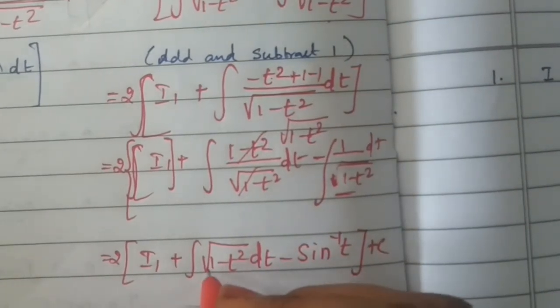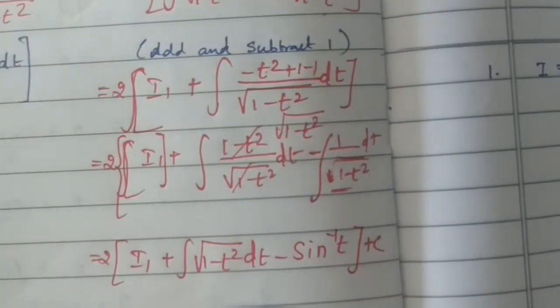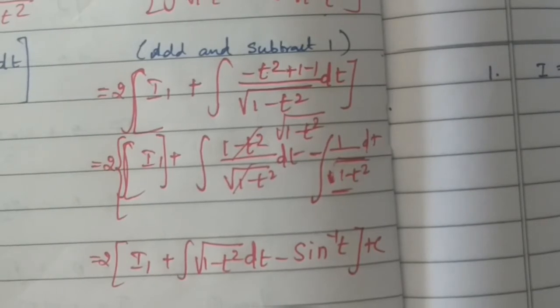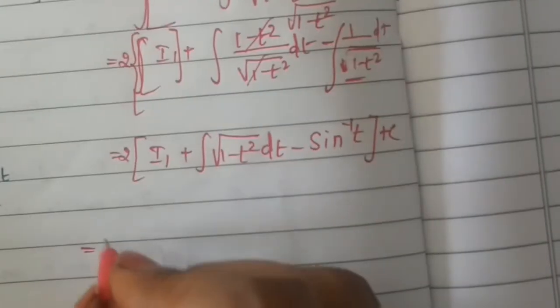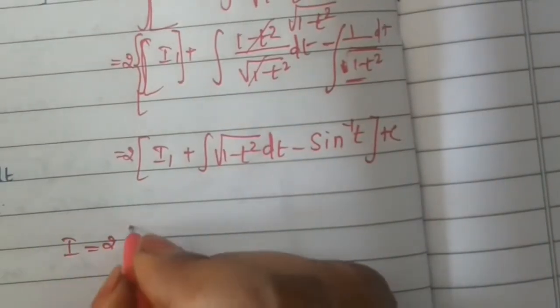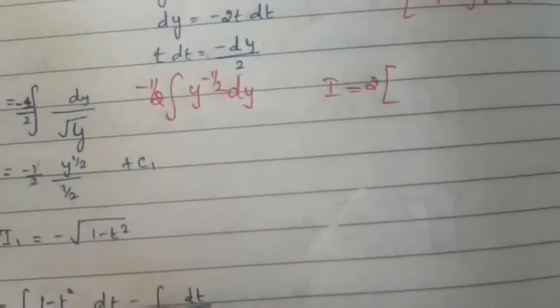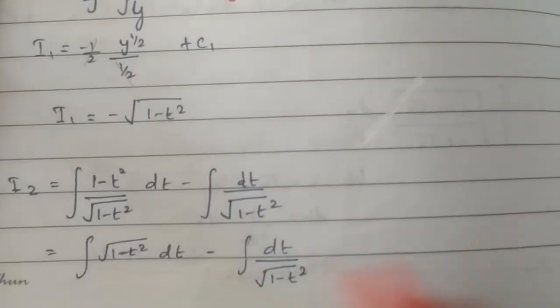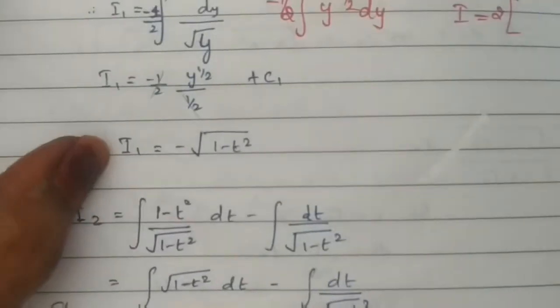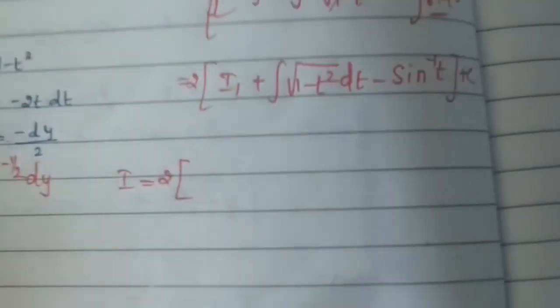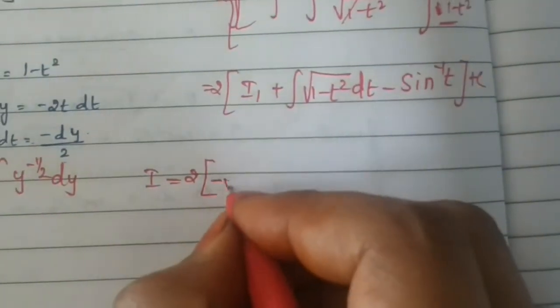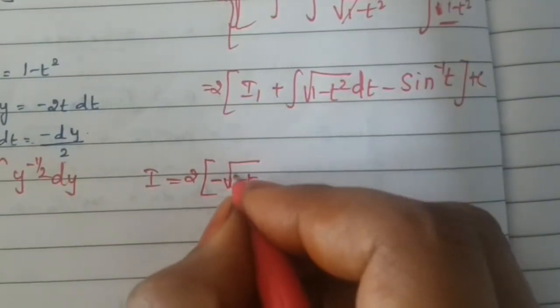The integral of root of a squared minus x squared dx can be written as x by 2 into root of a squared minus x squared plus a squared by 2 into sine inverse of x by a. Therefore, this integral can be written as 2 into the integral I1 value we have found to be minus root of 1 minus t squared.